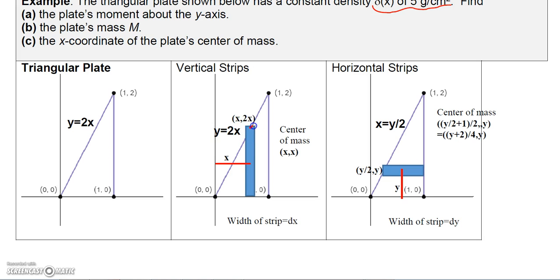So the center of mass right there would be the point (x, x), because it's x units from the y-axis, and if you take half of 2x, you get x units from the x-axis. So that's the center of mass.